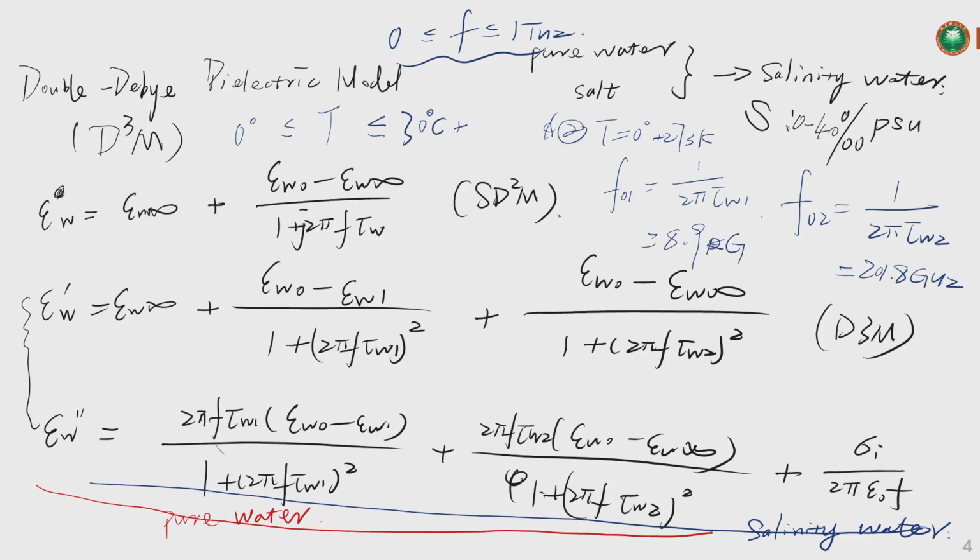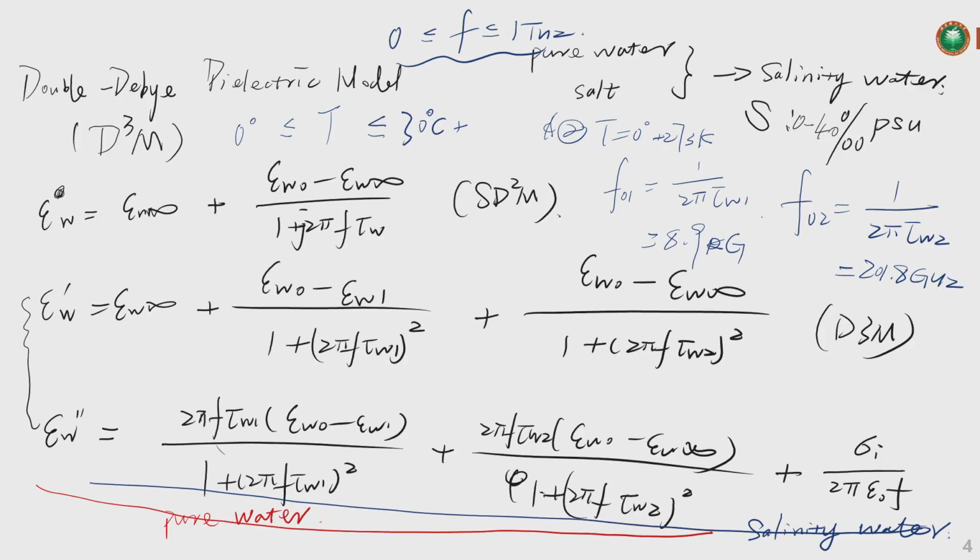When we reduce the temperature of water from 30 degrees centigrade to 0 degrees centigrade, usually there would be no ice, because it transfers from liquid water.